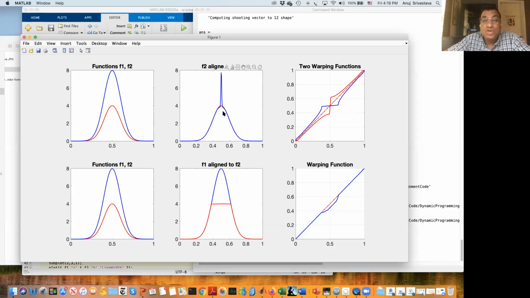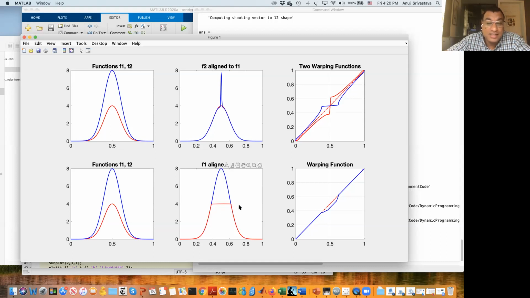So the L2 norm between the two functions will go arbitrarily close to 0. And in the bottom row, if I run it in the reverse fashion, instead of warping blue, now I'm going to warp red. And what it does is it takes one point, the peak point of red, and splits it into a horizontal line.